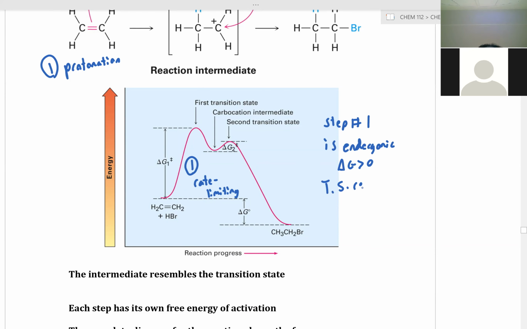Ergo, our transition state is going to resemble our reactants or products? It will resemble our "product," the intermediate carbocation. I'm going to put products in quotes in this case. So our intermediate and transition state are going to resemble each other, so they're going to look very carbocation-like.